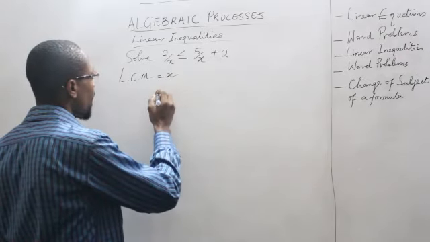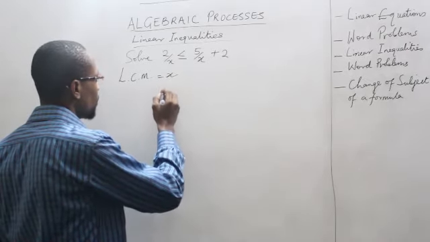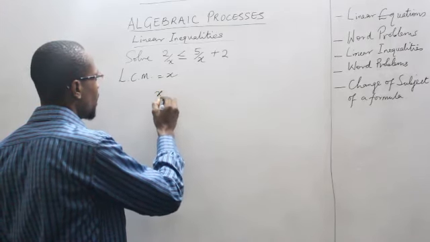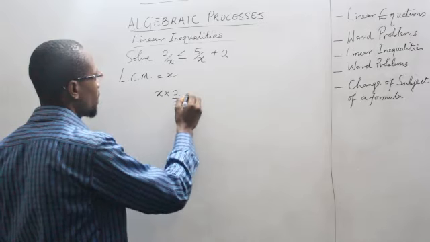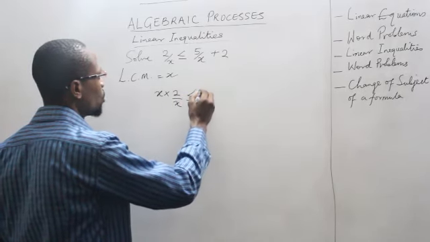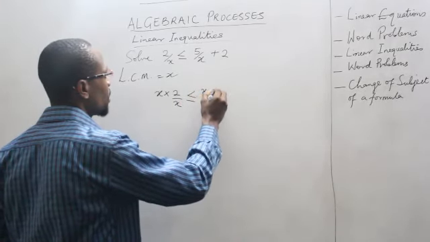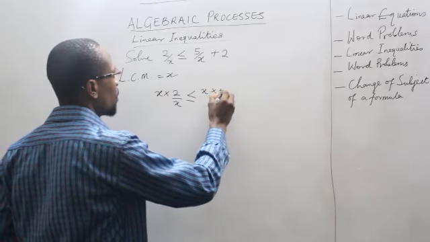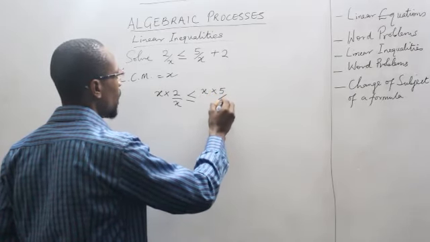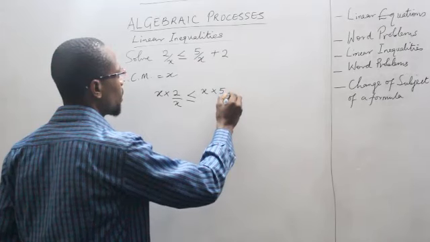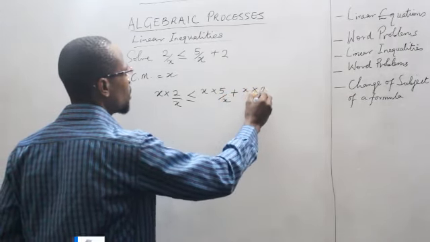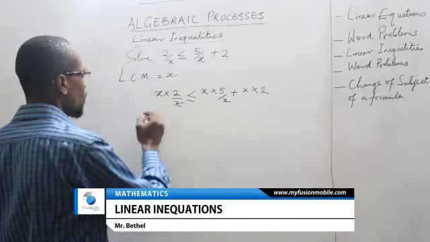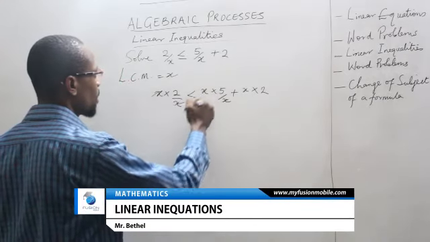When we multiply through the equation by x, we have x times 2 over x is less than or equal to x times 5 over x plus x times 2. Of course, this x will cancel this x, the same goes here.